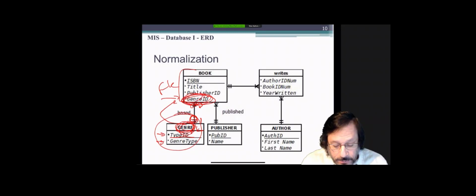I do the same thing with publisher. I've got a new entity here. It's going to come with two attributes. One will be the publisher's name. So one will be DK, one will be Simon & Schuster, another will be Random House, whatever the publisher is, and I will assign a unique ID to that as the primary key.